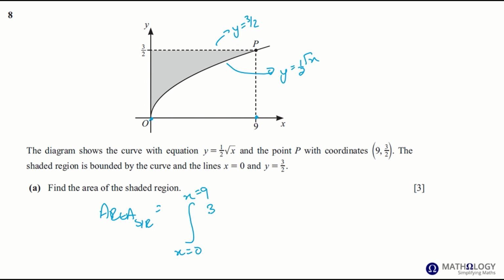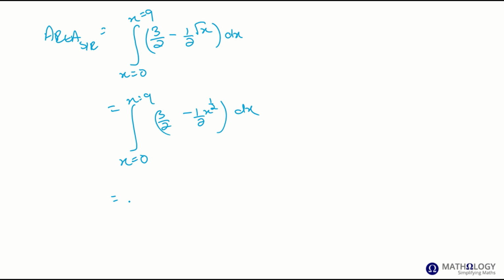So we will have 3 over 2 minus a half root x, and we are integrating with respect to x.